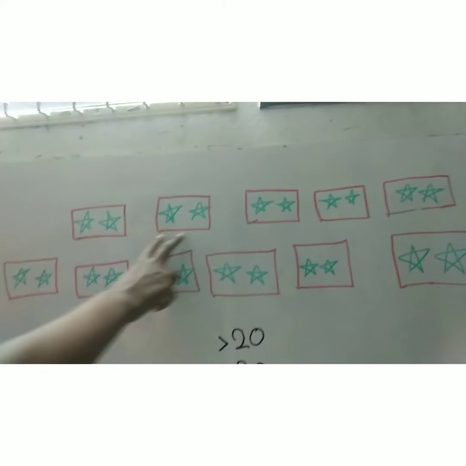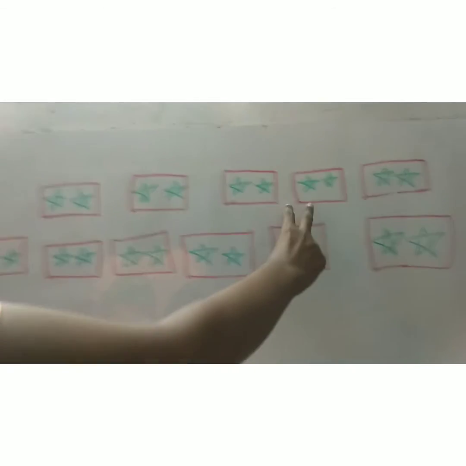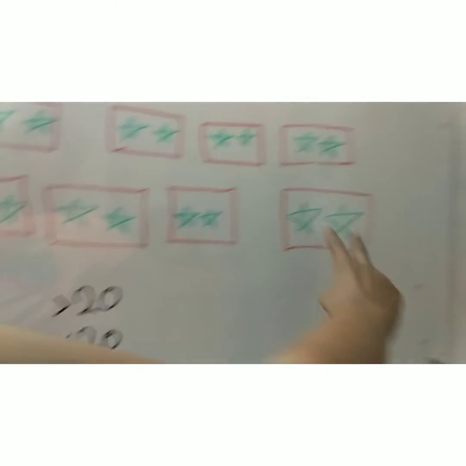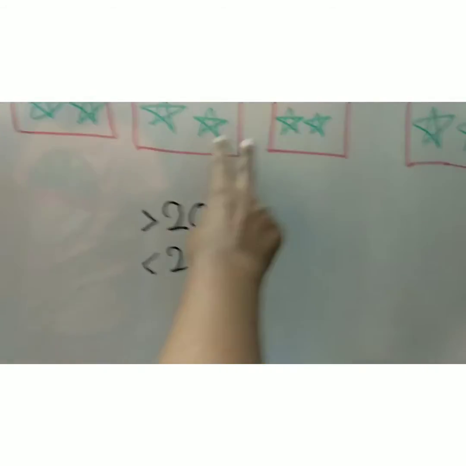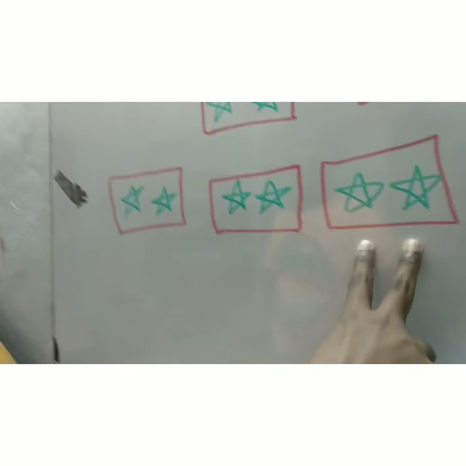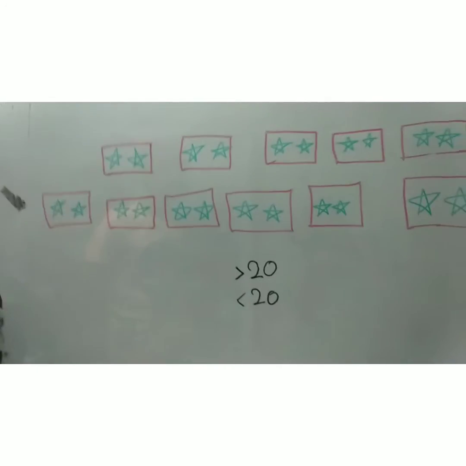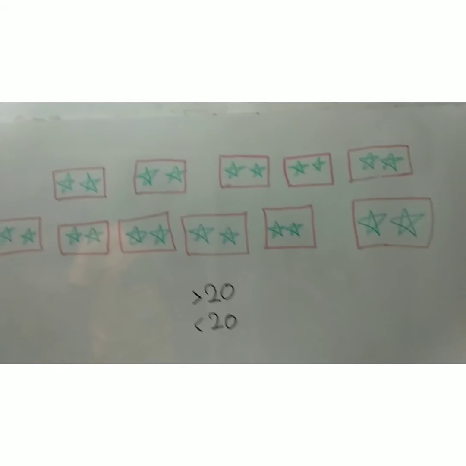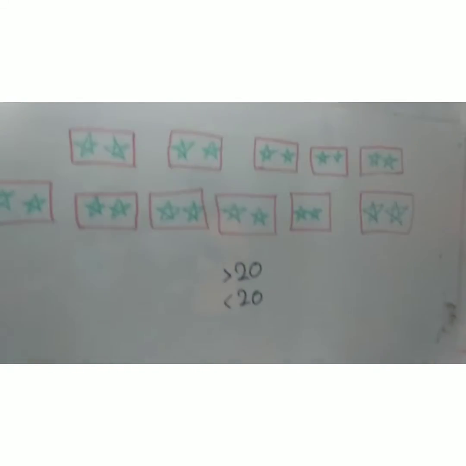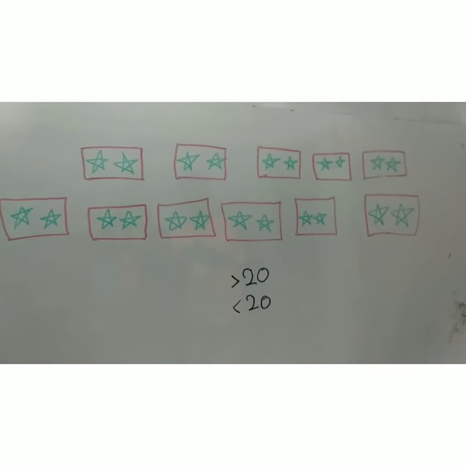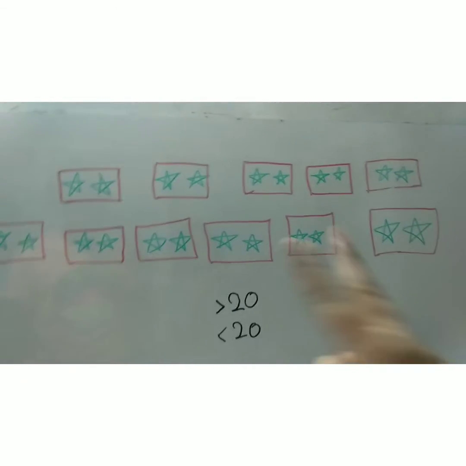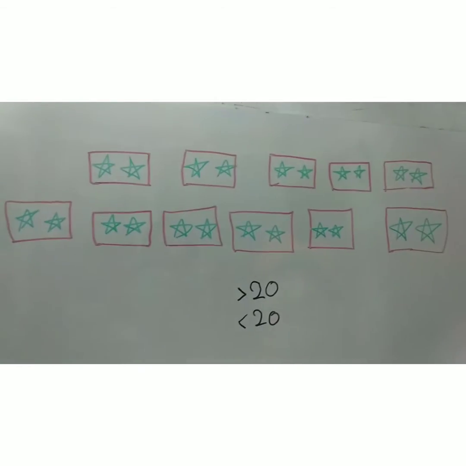There are 11 pairs containing 2 stars each. Students, what is the total number of stars on the board? 11 times 2 stars each. So that is equal to 22.